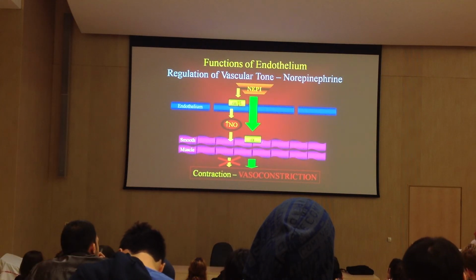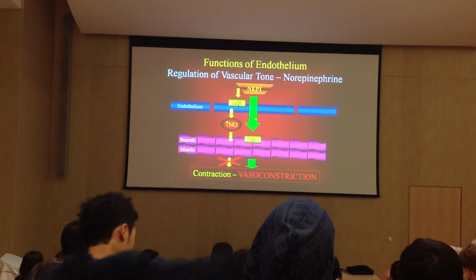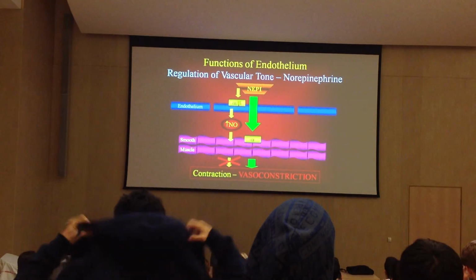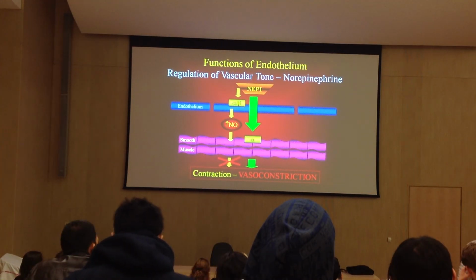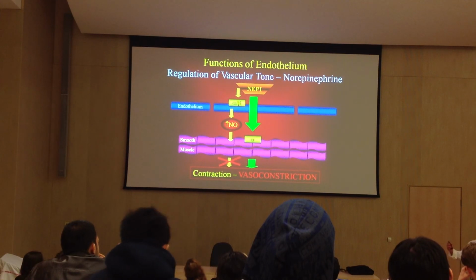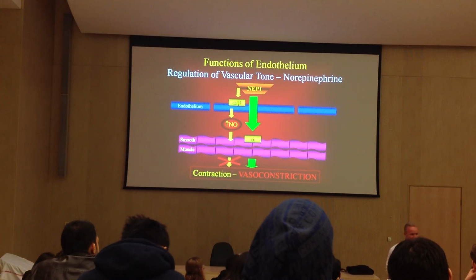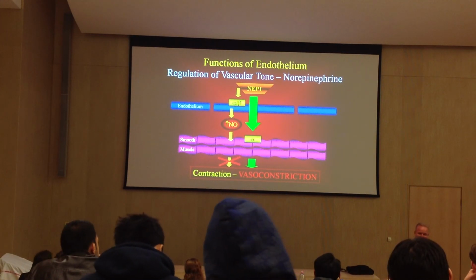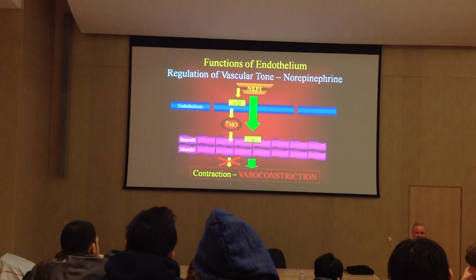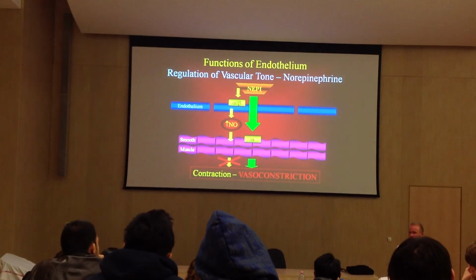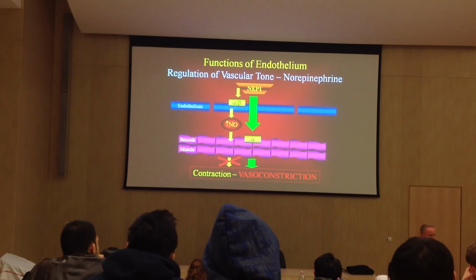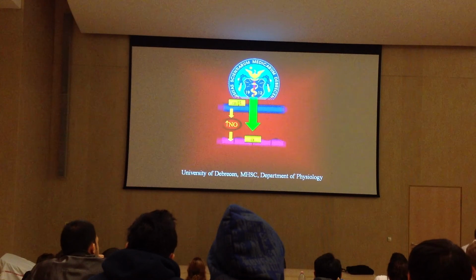So you do see a much stronger effect of norepinephrine there on the smooth muscles. As a general rule, the smooth muscle cells are mostly expressing alpha-1 adrenergic receptors. Therefore, irrespective again of the presence of the endothelium, norepinephrine is causing vasoconstriction.